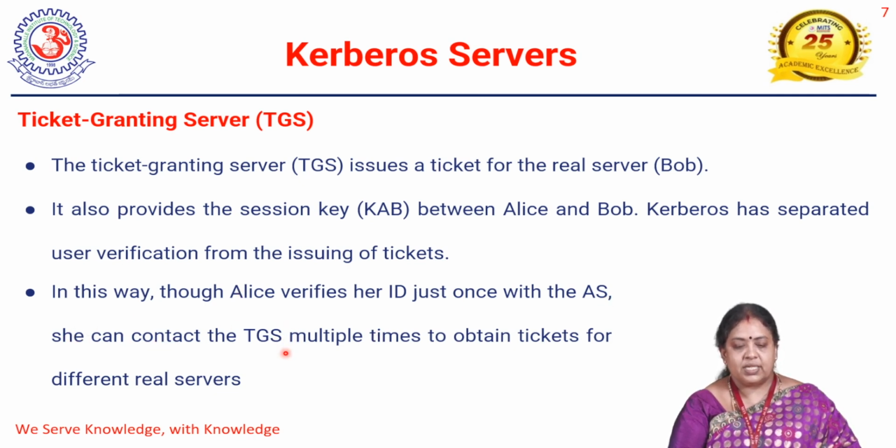Once authenticated, the user can ask permission from n number of servers. Authentication is done only once by the authentication server, and only then does it issue the key to contact the TGS. So the user can contact the TGS n number of times to interact with n number of servers.